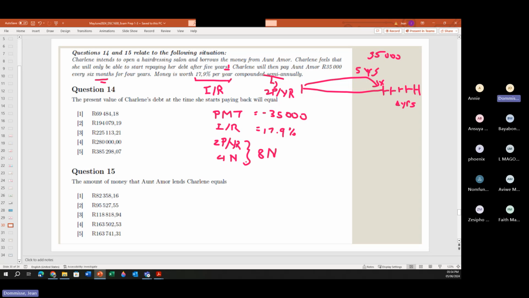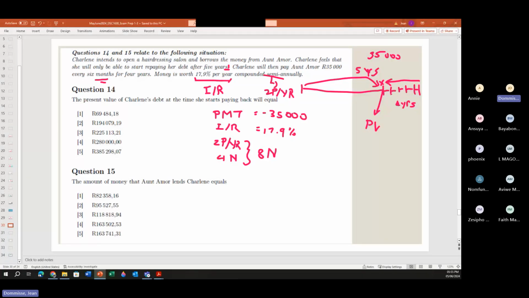Okay, and then we want to know, at the beginning, just before she starts making the payments, how much does she owe? So we want to find out the present value of all of those payments.